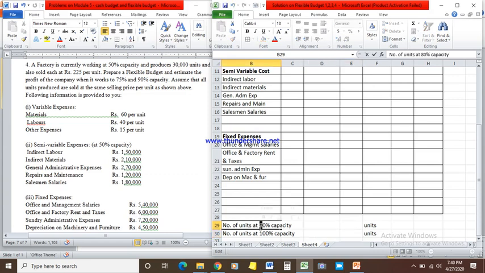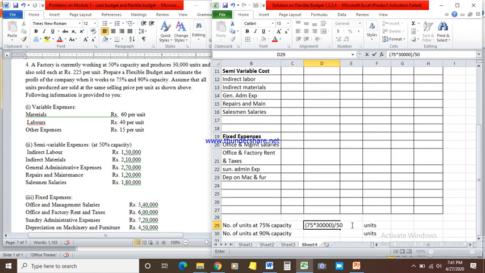Number of units at 75% capacity, number of units at 90% capacity. So at 75% capacity, how many units are we going to manufacture? So 75 into 30,000, divided by 50, because at 50% we are manufacturing 30,000 units.